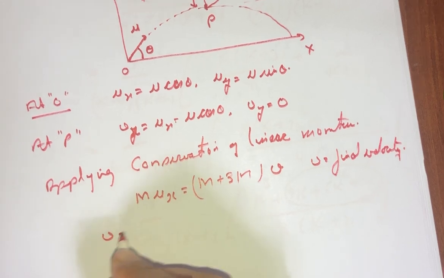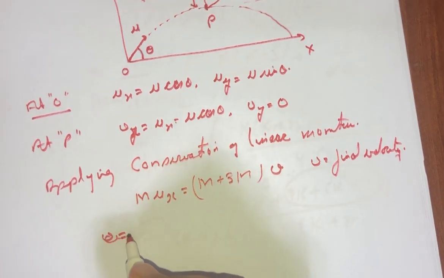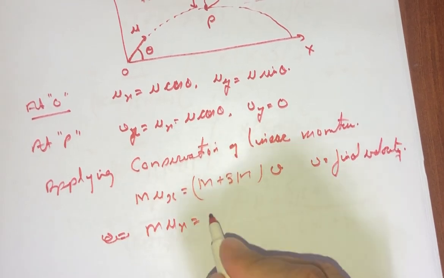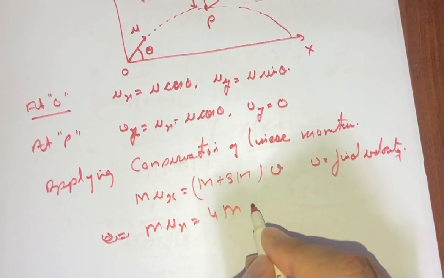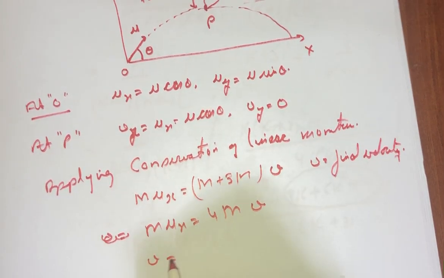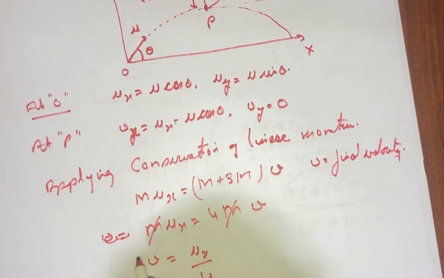Let's solve it. We get m ux is equal to 4m multiplied by v. So from here we can find out v will be equal to ux divided by 4.